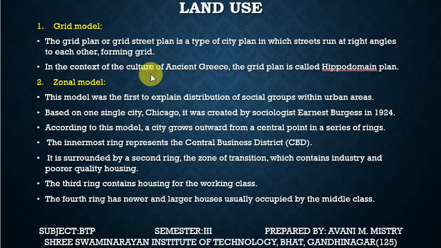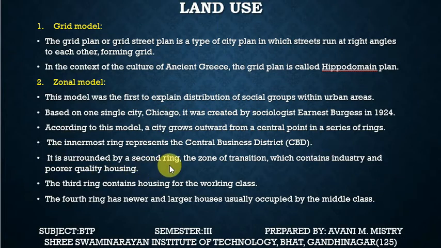According to this model, a city grows outward from the central point in a series of rings. The innermost ring represents the central business district. That means development happens in the middle, then as the city develops it grows toward the outside, from the center outward.